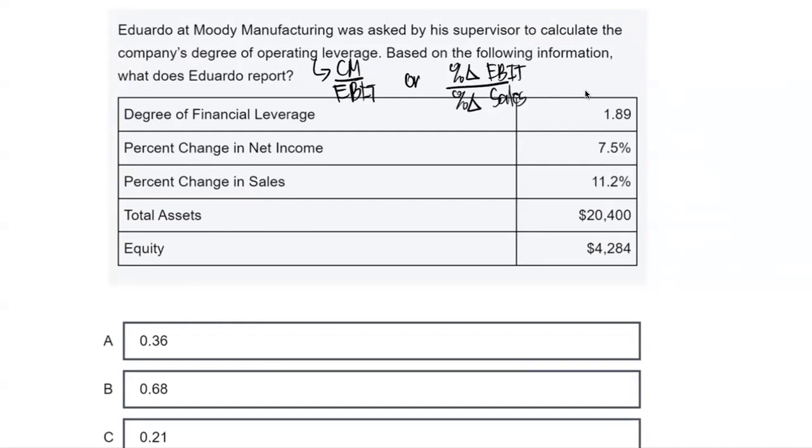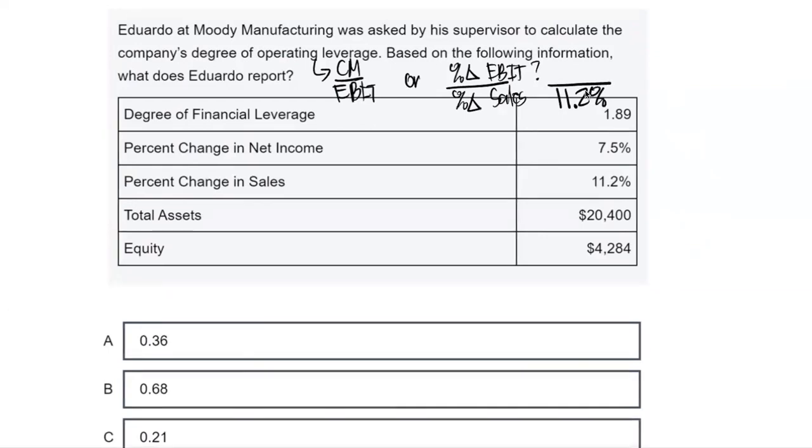Correct? Okay. But what's the problem? We cannot use this formula in full because we don't know yet the percentage change in EBIT. Right? We know the percentage change in sales, which is 11.1%. Right?